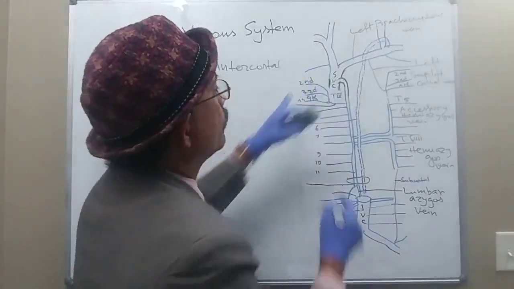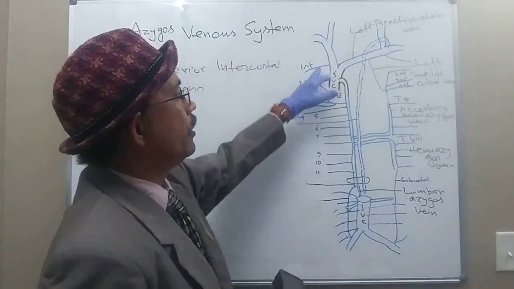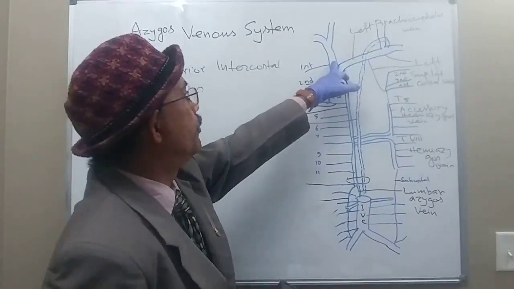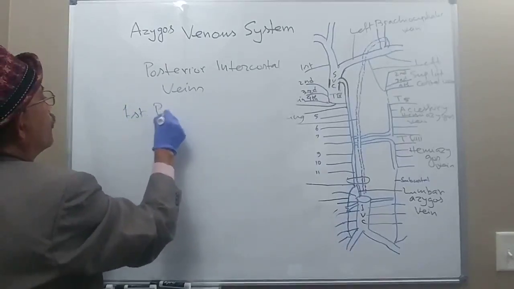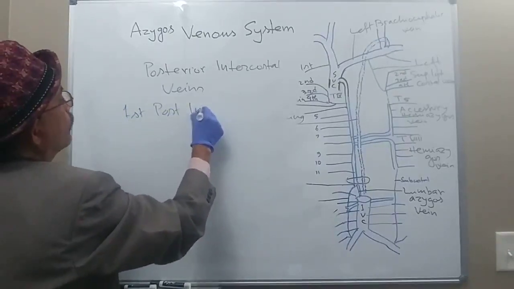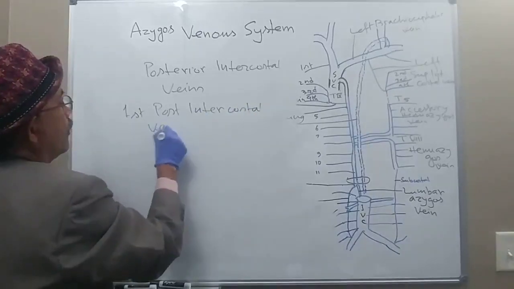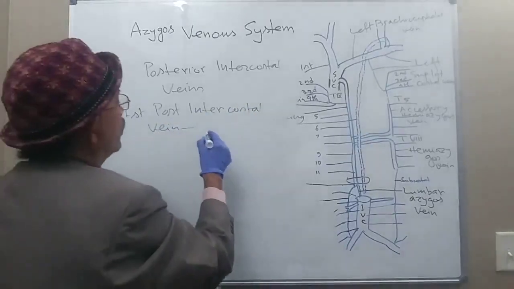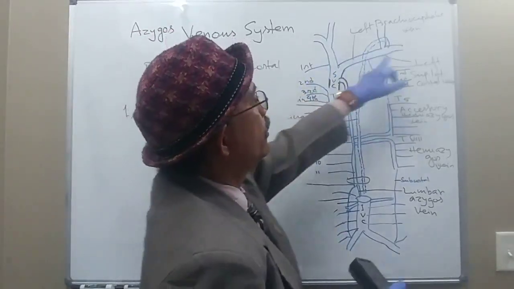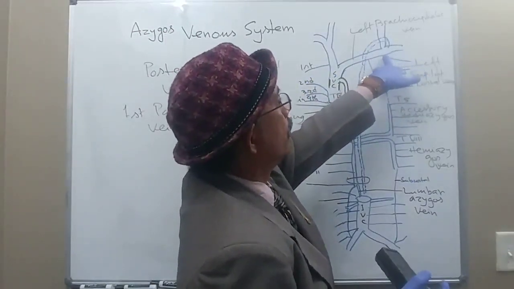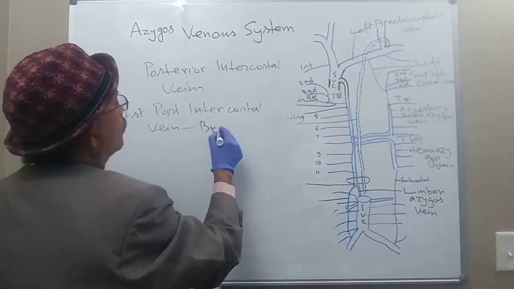The first posterior intercostal vein on the right side opens into the right brachiocephalic vein. On the left side, it opens into the left brachiocephalic vein.